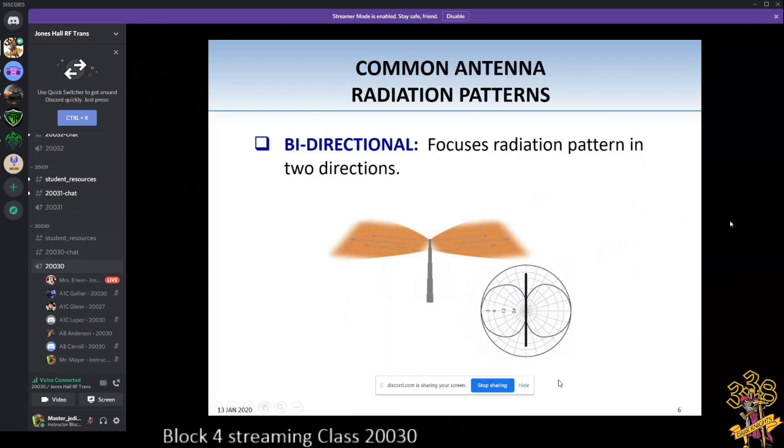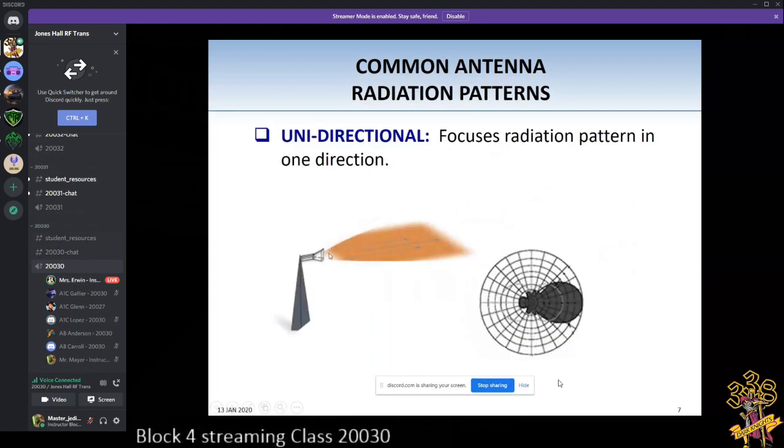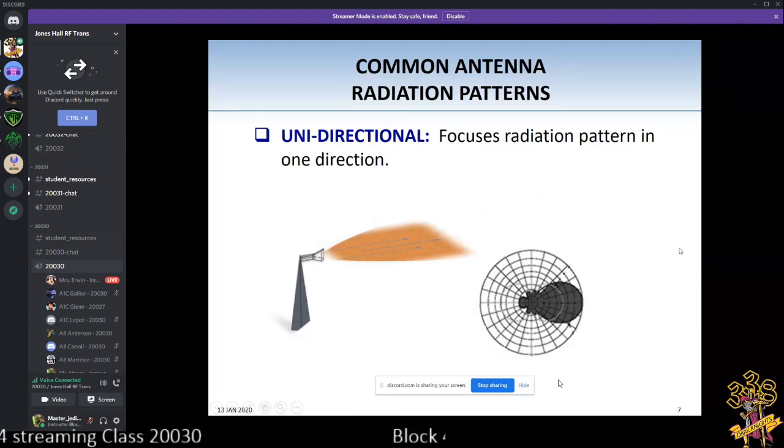Okay. And then you have a unidirectional antenna, which focuses all the energy in one direction. So that's really going to have a big increase in gain. Remember, gain and directivity go hand in hand. More directional, more gain.